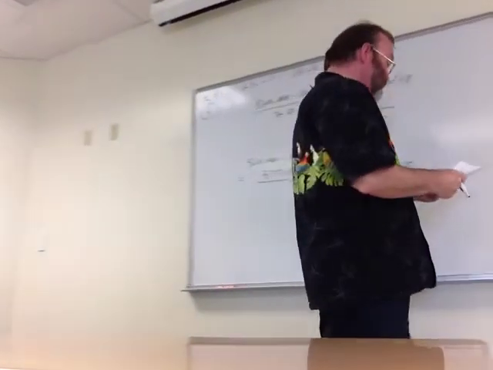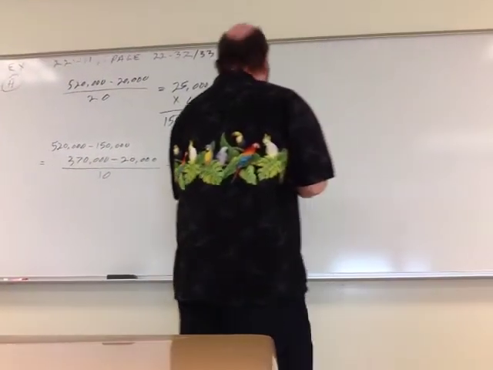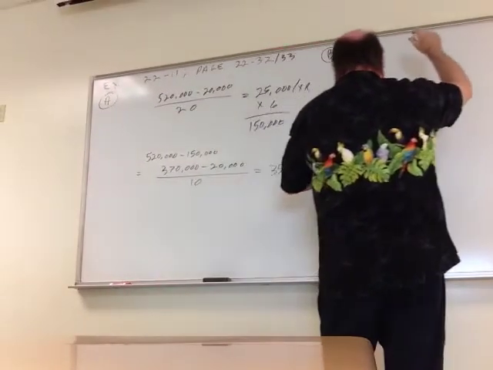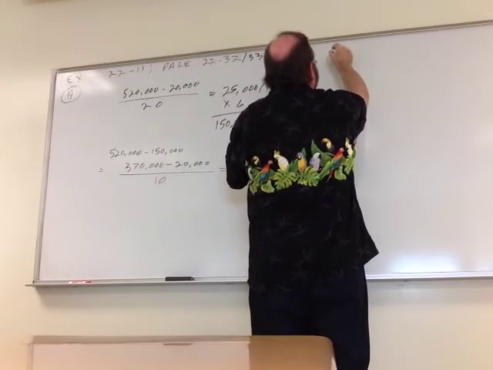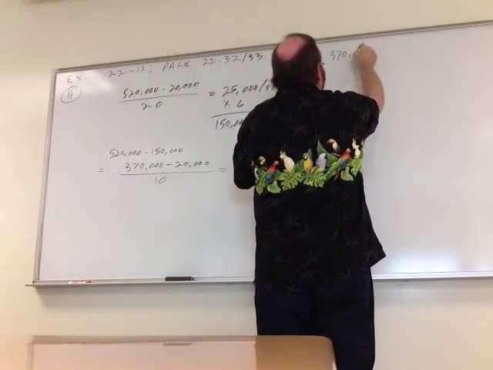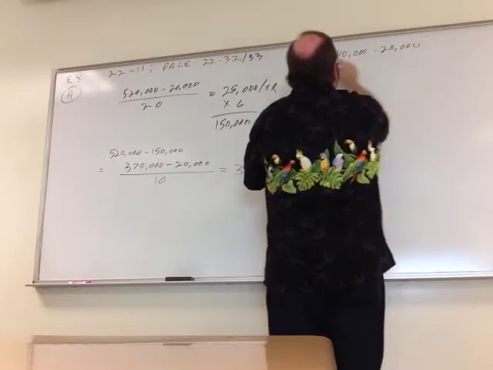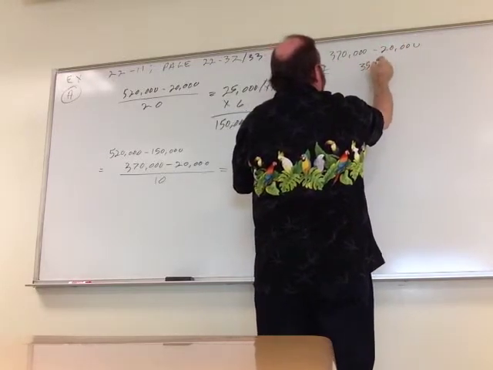Option B of our independent situations. You're going to change to sum of the year's digits. All right? You're still going to take the 370,000, subtract the 20 for 350.